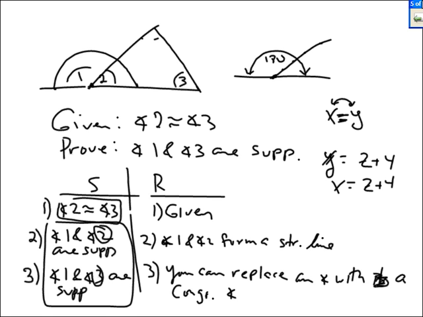It can say whenever you see x, you can put y, or anywhere you see y, you can put x. Same thing for congruent. It's just another way of saying that two angles are equal. I'm a believer that they should use the equal symbol, not the congruent symbol.